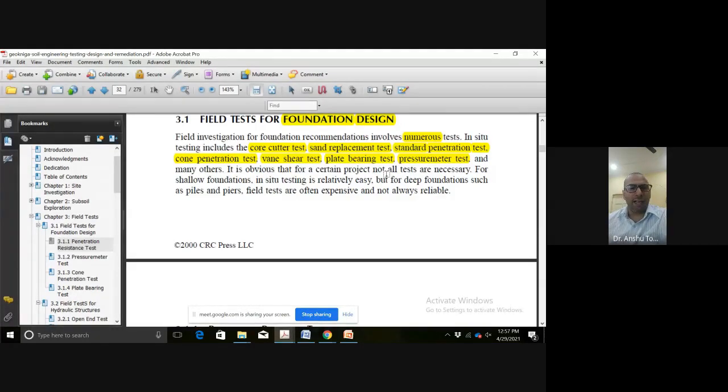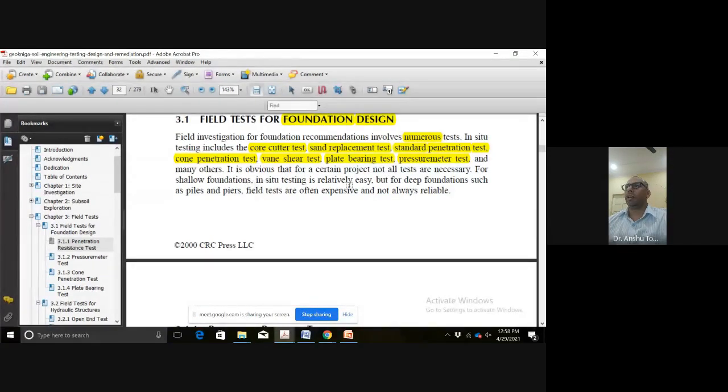So constructing a bridge on the river will require a different kind of parameters for the soil conditions existing on the site. So depending upon the project, depending upon the actual loading coming onto the civil infrastructure decides. That is why not all are necessary.